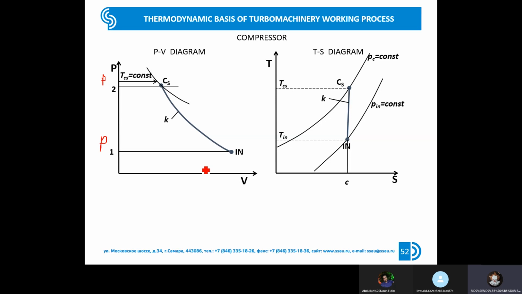Perfect. And how will the real process line be located in the PV diagram? Here is the line for the ideal process without supplying any heat and without losses. How will the real process line look? How do you think?